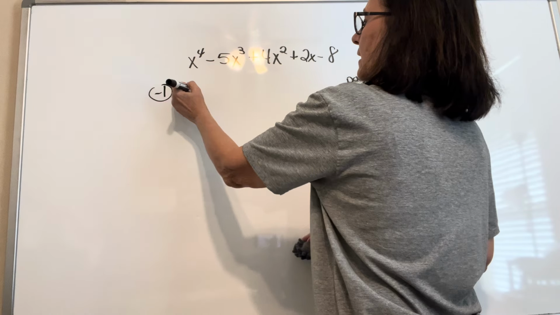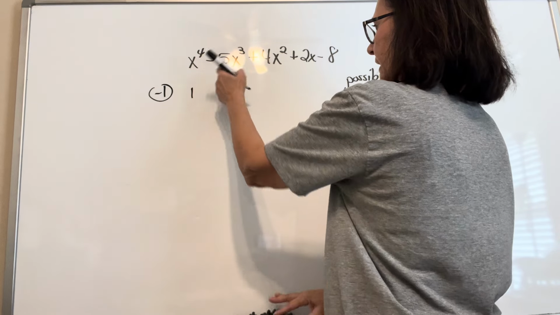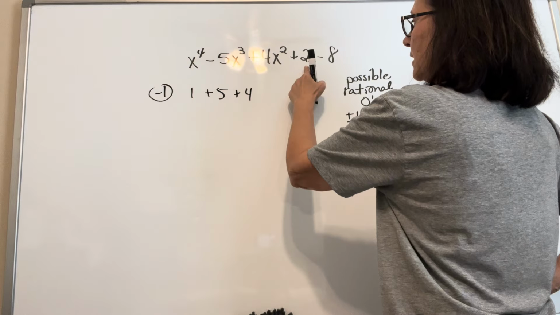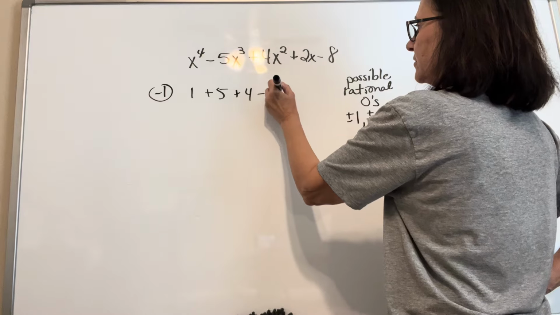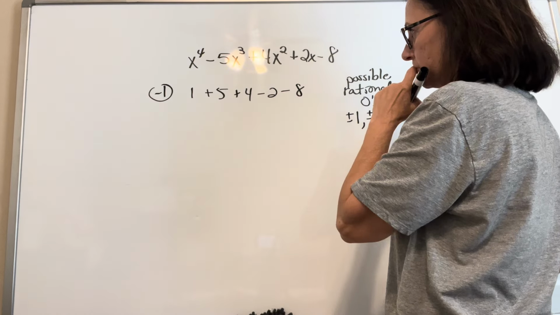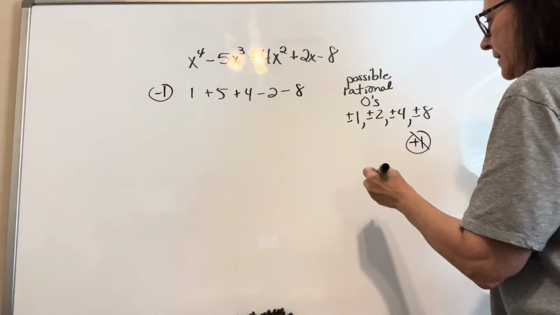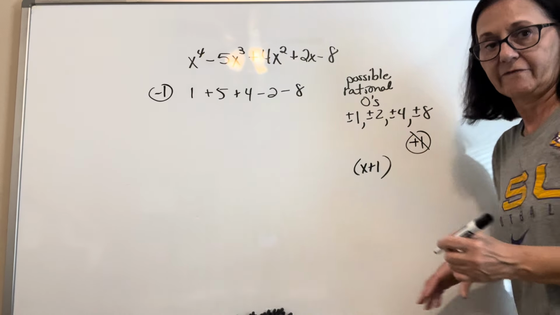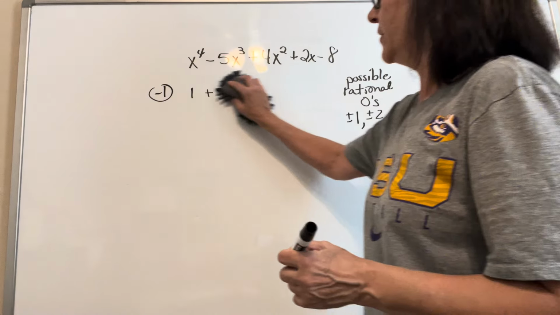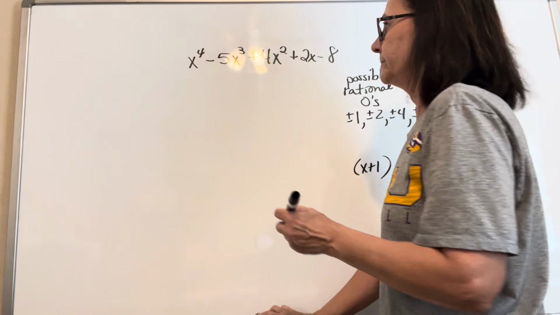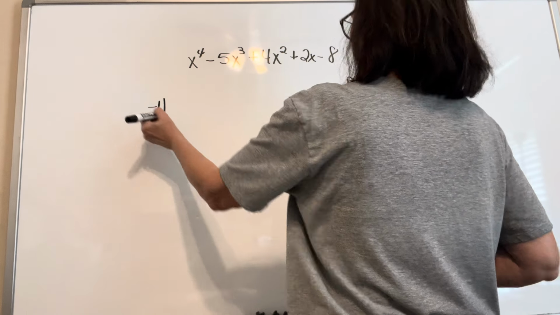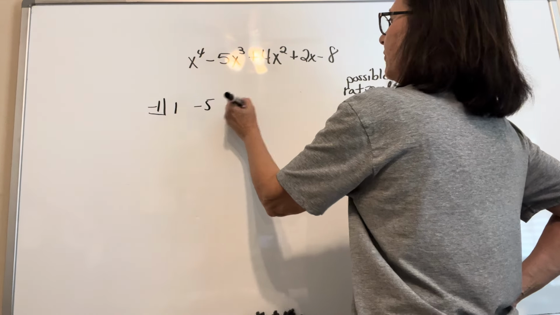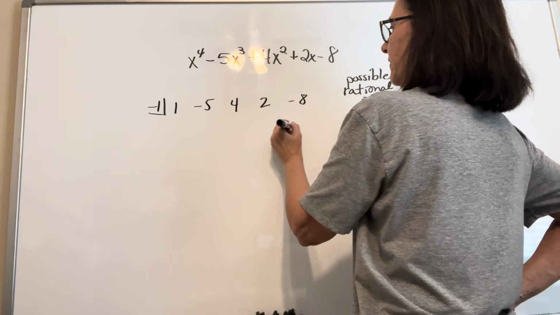Let's try negative 1. That's still going to be 1. That's going to be 2 negatives, so plus 5, plus 4, negative 2, negative 8. That works. All right. So negative 1 is a 0, so x plus 1 is one of my factors. I'm going to do synthetic division to make it smaller. Negative 1 is one of my zeros. 1, negative 5, 4, 2, negative 8.